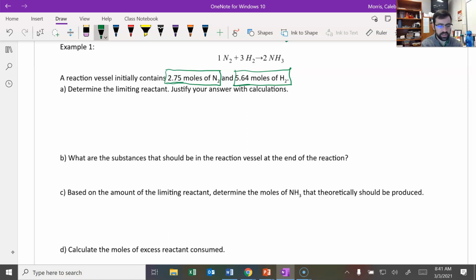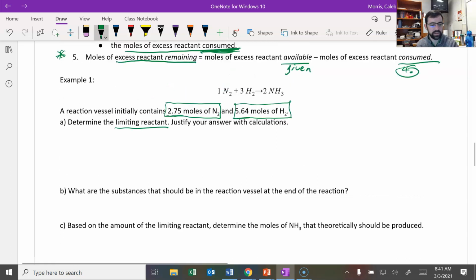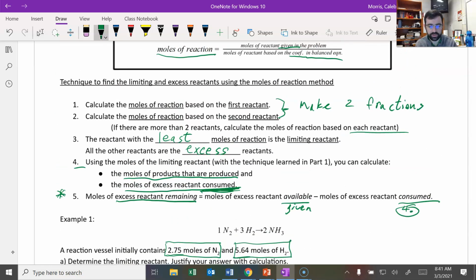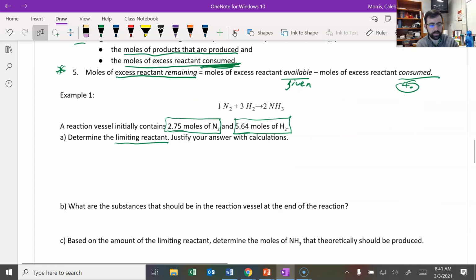The first question asks me to determine the limiting reactant and justify the answer. To find it, I'm going to make 2 fractions: moles of reaction based on the first reactant and moles of reaction based on the second reactant. So we're going to take the numbers from the problem and divide by the coefficients.